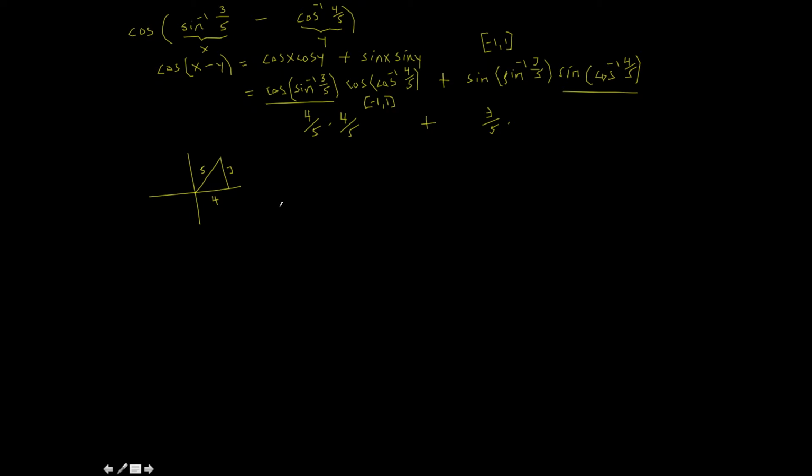Alright, so same kind of problem here that we did here. Okay, so take your inverse, which is the cosine, and it has to be between 0 and pi, so it's going to be in the first or second quadrant. Well, that's good, because that's 4/5, so we know that if we draw our triangle, 4 here, 5 here, if you use your Pythagorean theorem, that gives you a 3 there.